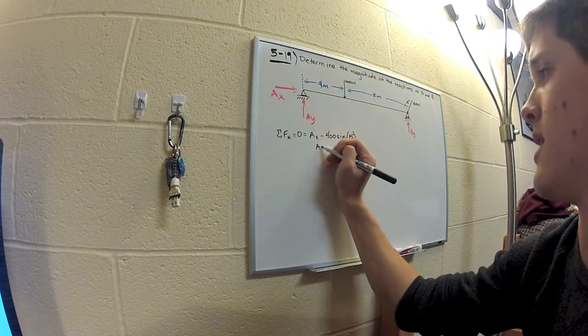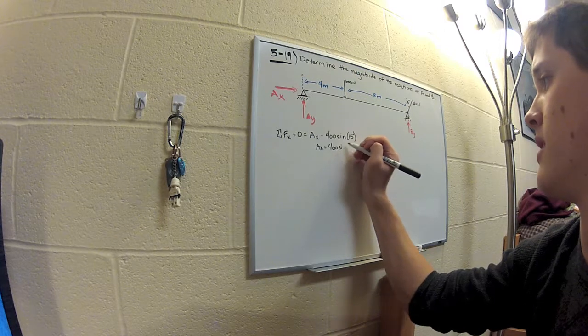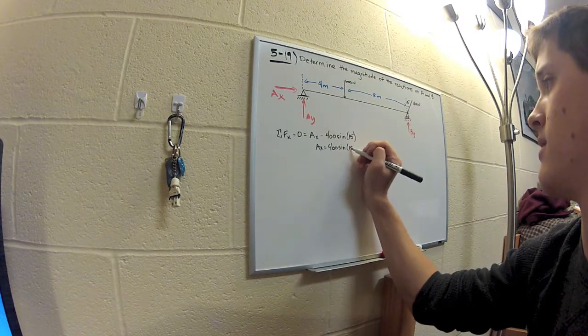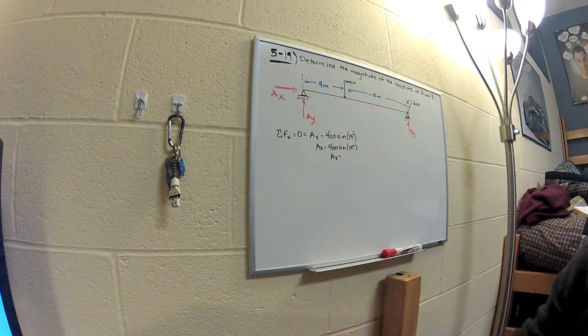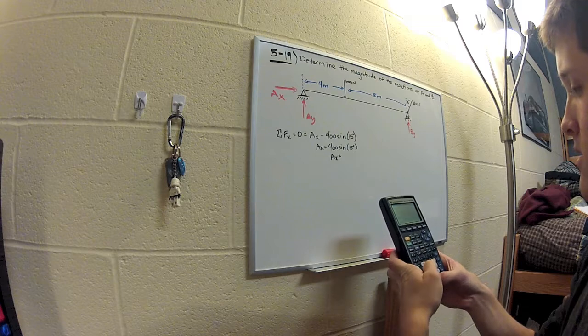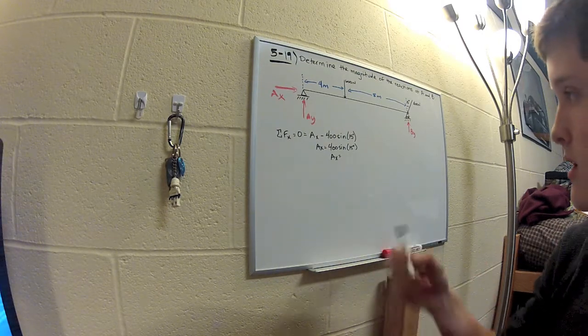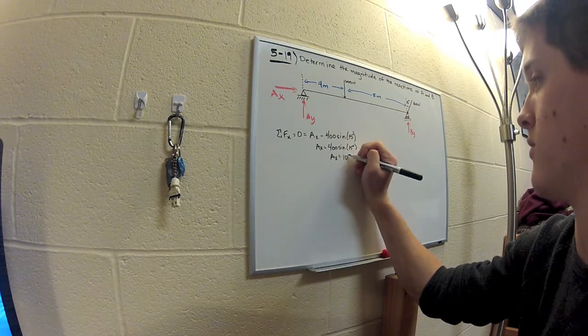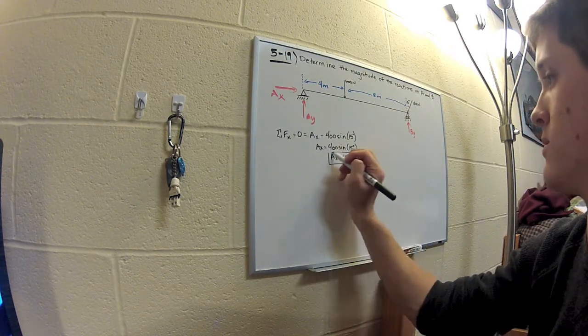So that means that AX equals 400 sine of 15 degrees, which is 103.5. So we'll round up to 104. AX is equal to 104 newtons.